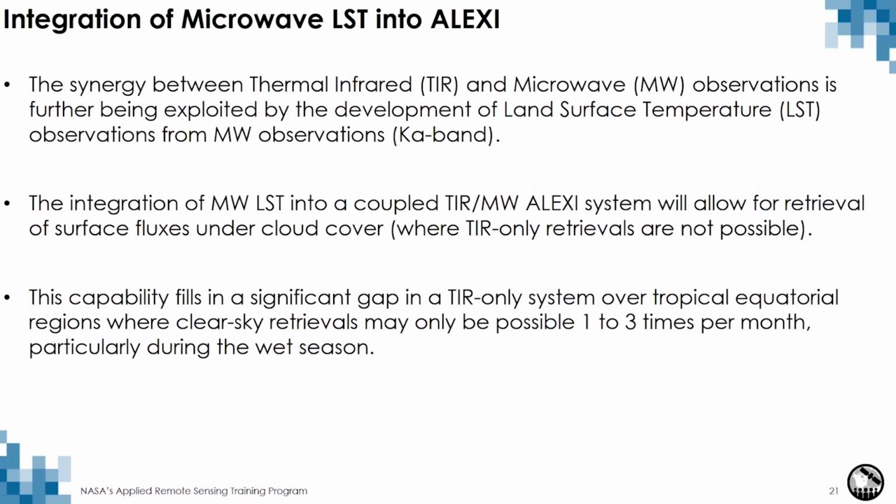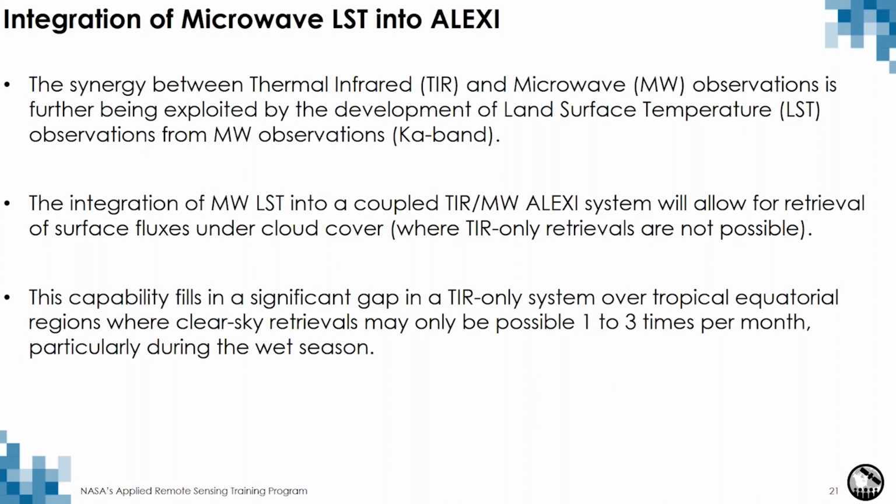And that can be problematic in a lot of areas. There are areas in equatorial Africa, the Ethiopian highlands, where even during the growing season, they can have drought and crop stress, but because it's such a cloudy area, we don't actually get enough certain clear sky retrievals to get a good understanding of what's happening on the ground.